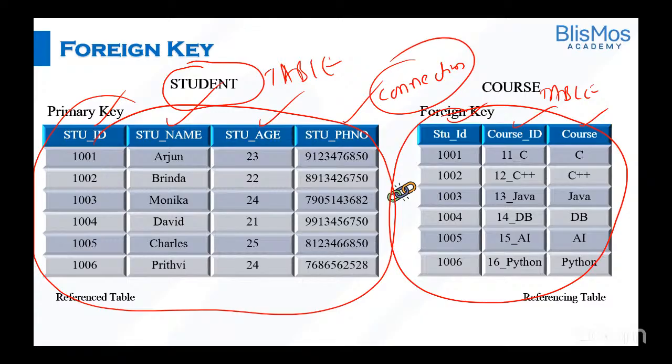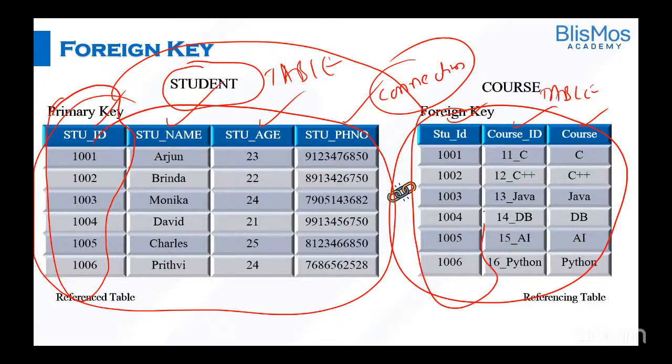As Antara said, we are taking the primary key of the student table and making that a foreign key of the course table. You guys are able to observe it, right? That is what we are doing.